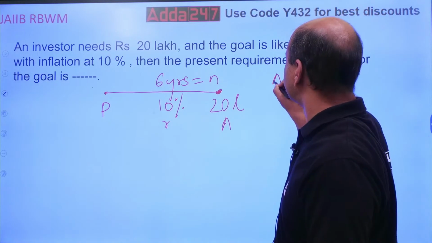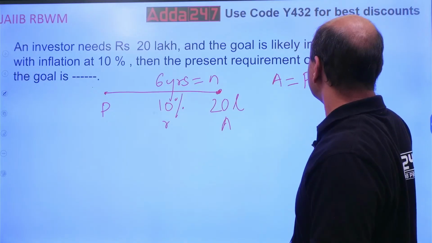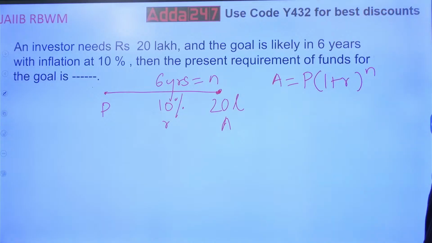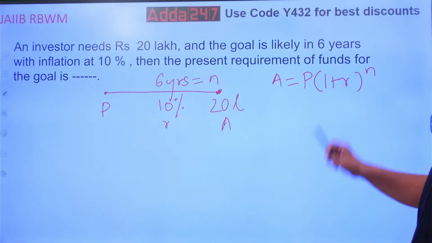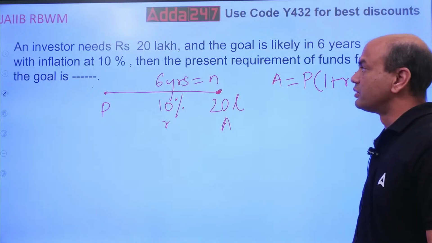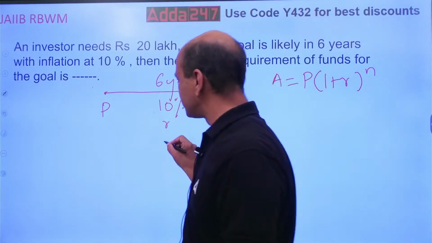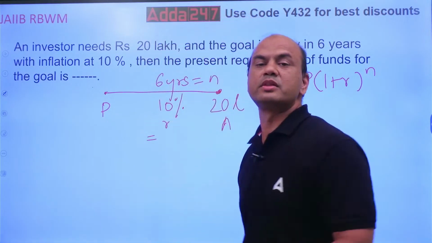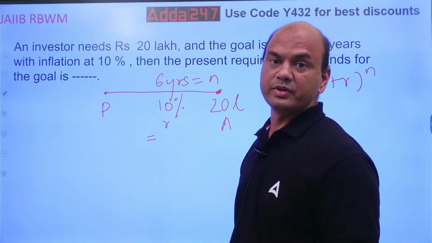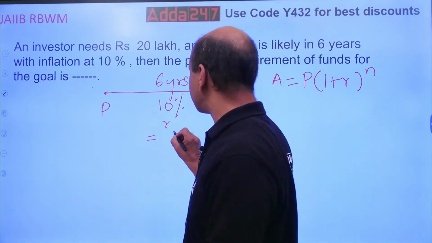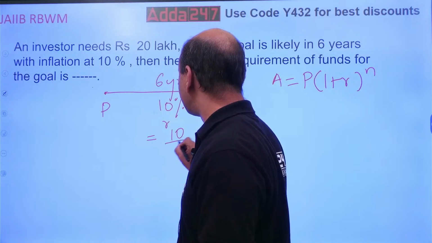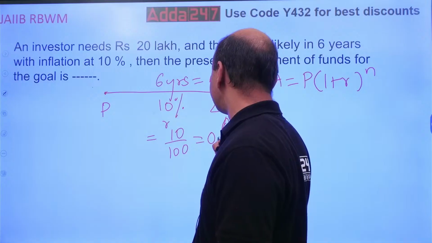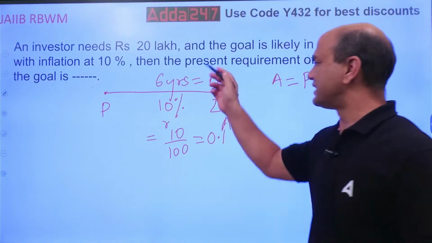A equals P into (1 plus R) raised to N. Now look at this R. R equals 10%. Instead of writing it in percentages, because in calculations we don't require percentage, we require it in points, you can write this as 10 upon 100, which is equal to 0.1. N is directly 6 years.